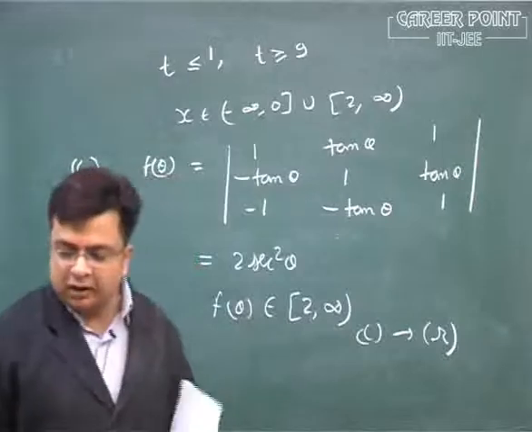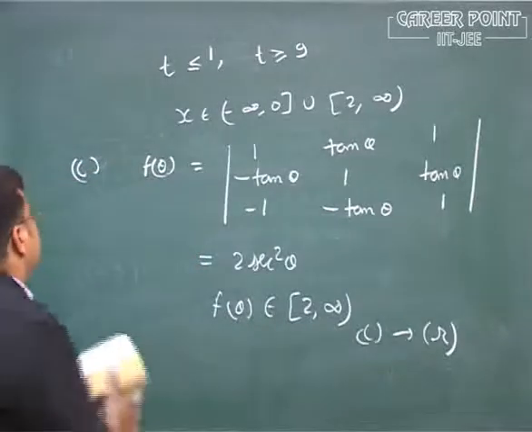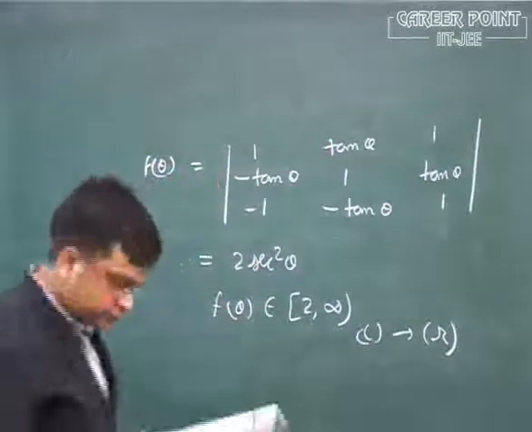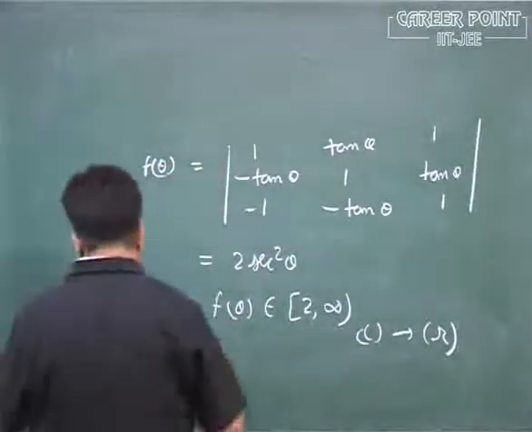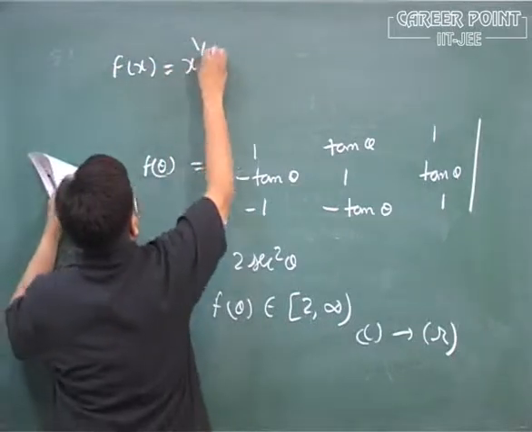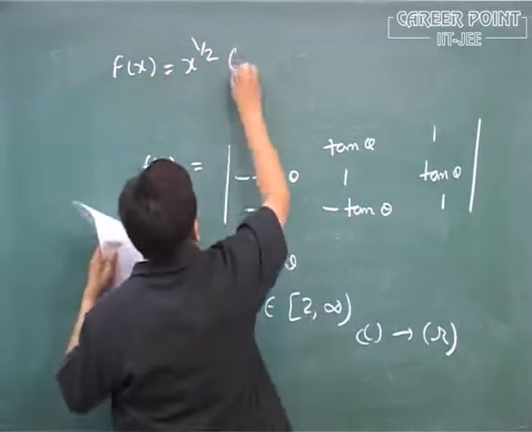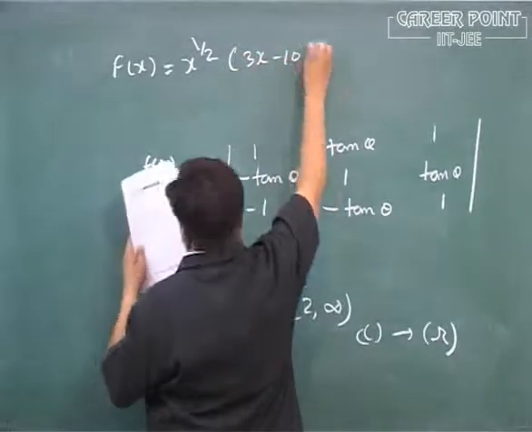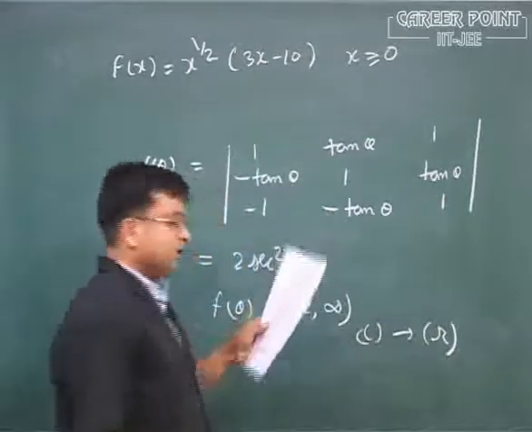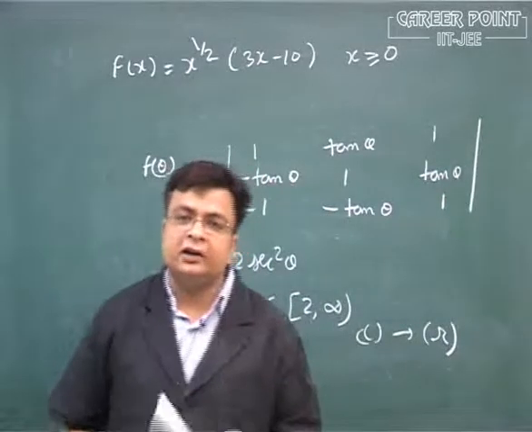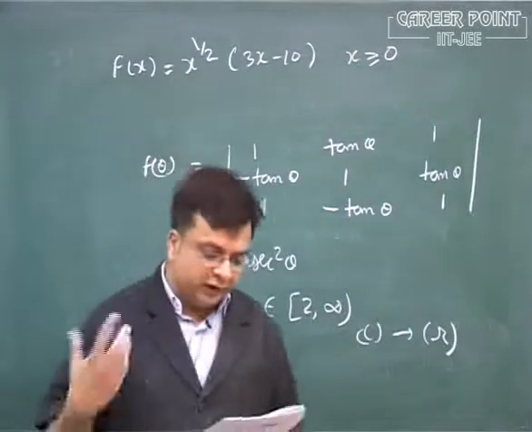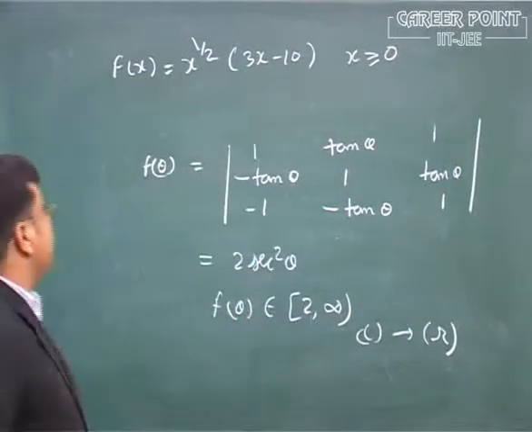Now the last part of this question, D, that is let f x be equal to x to the power half into (3x minus 10) for all x greater than or equal to 0. Then f x is increasing in, that is, we have to find the intervals in which f x is monotonically increasing. So first we find f dash x.